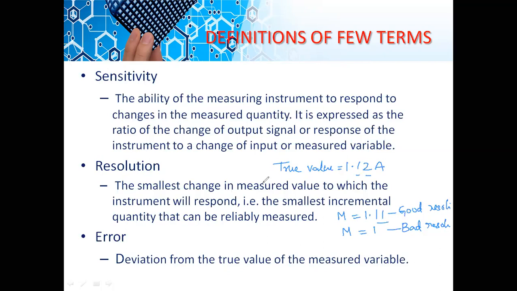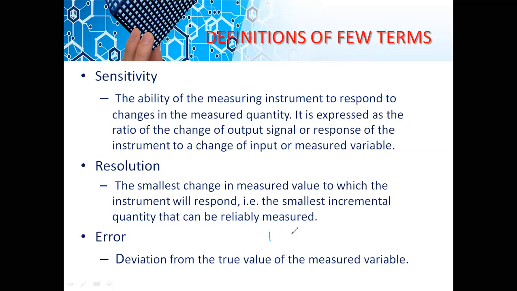Now let us go for another term, error. Error is the deviation from the true value of the measured variable. So it is very clear that suppose we have a meter and we have a quantity to be measured. I know the true value of the quantity to be measured.